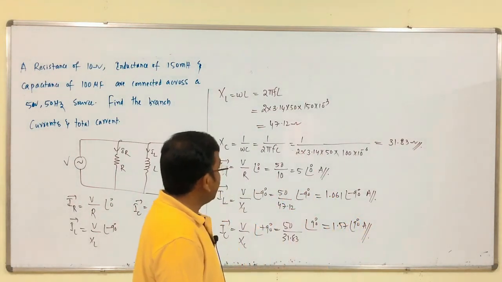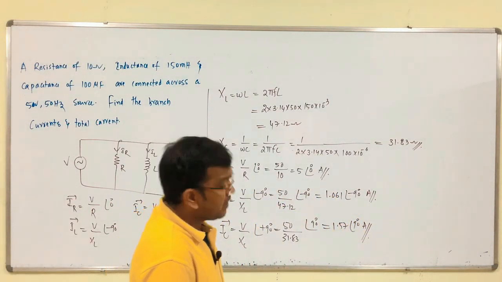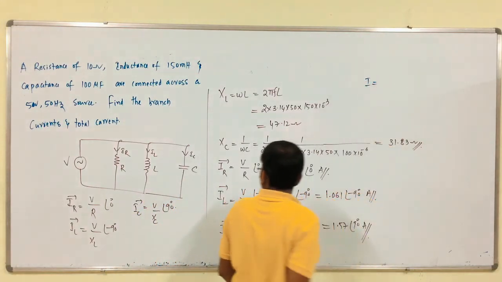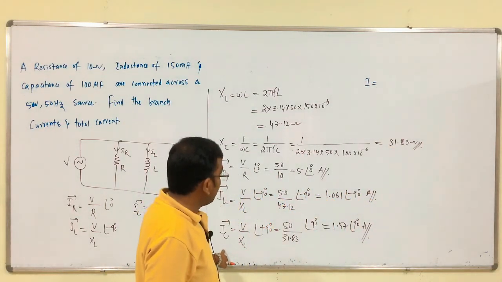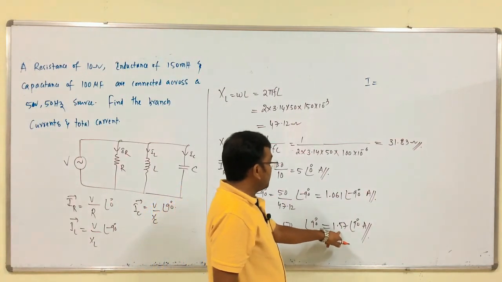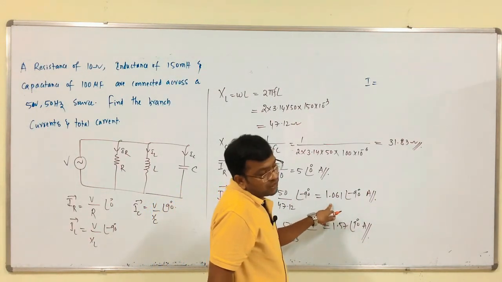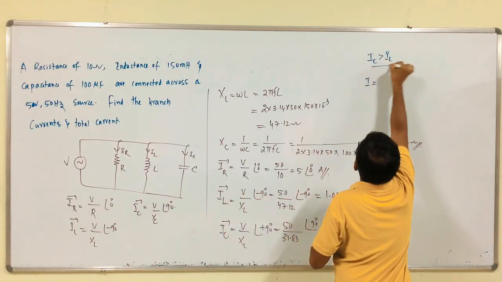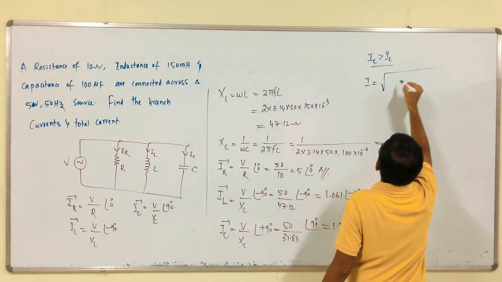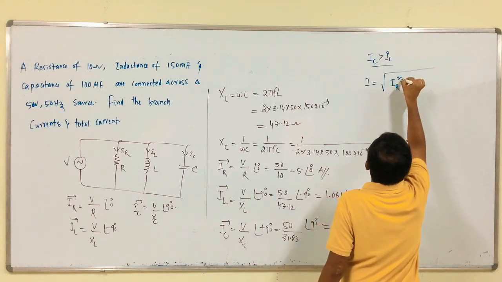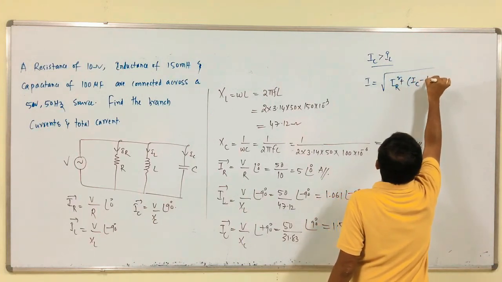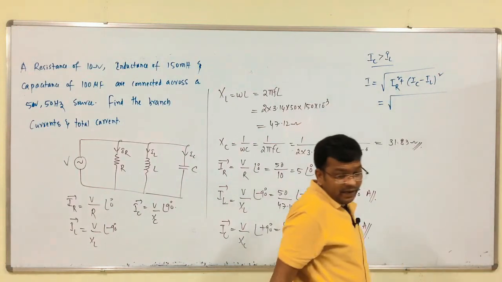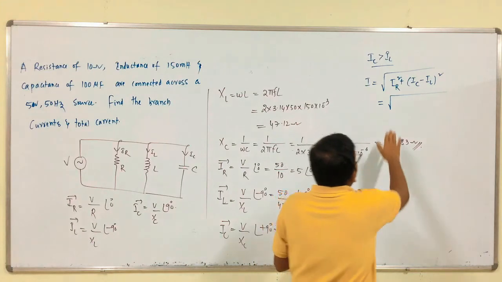So IR is there, IL is there, IC is there. So finally the total value of current is nothing but, see here, compare IL, IC, which one is more? IC is more, which is 1.57, IL is 1.061. Therefore IC is more than IL. Therefore I is nothing but square root of IR square plus, which one is more, IC minus IL whole square, which is equals to, after substitution, we are going to get I as 5.02 amps.